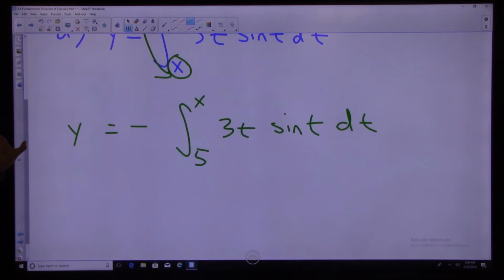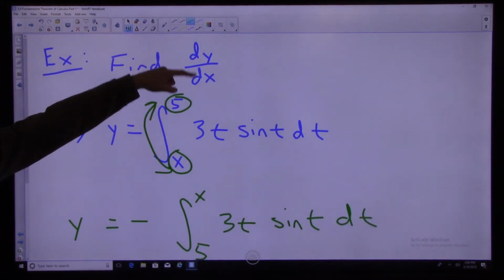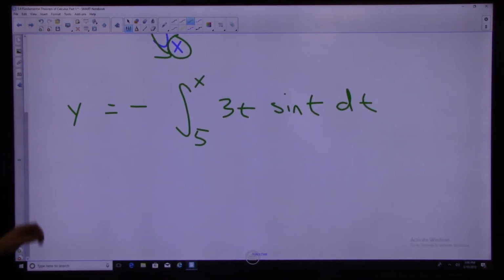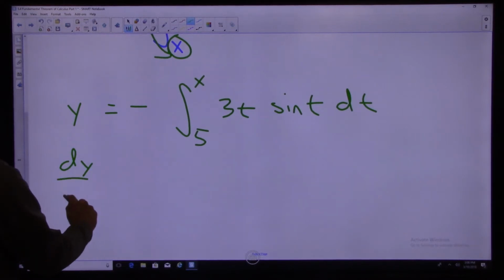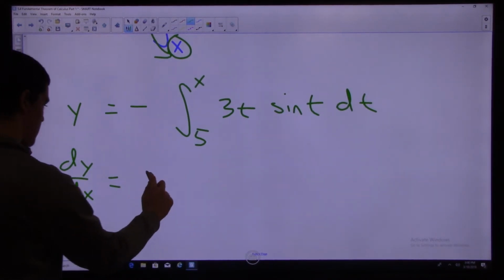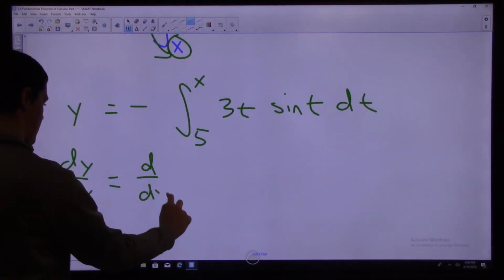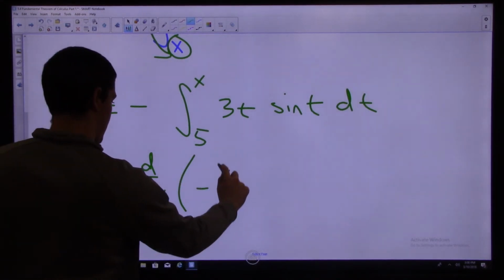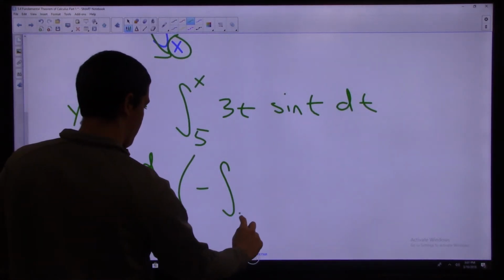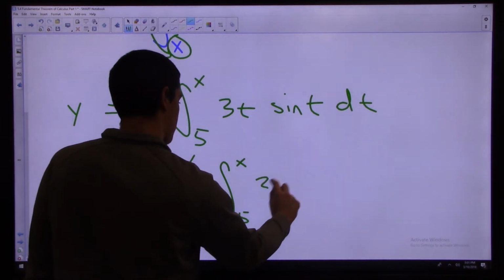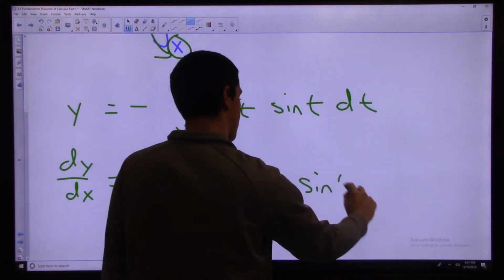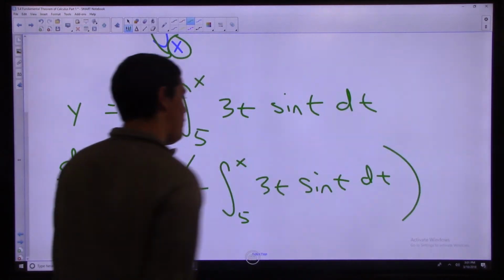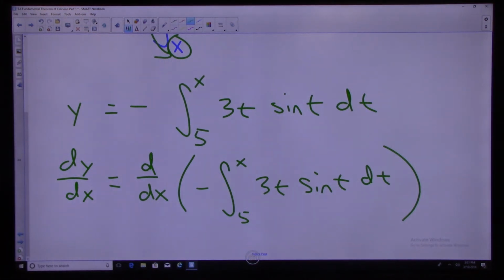And so guys, our directions were to find dy over dx. So I need to differentiate both sides. I need to take the derivative. So it's going to be d over dx of negative the integral from 5 to x, 3t sine t dt. And hopefully you guys have found that this is pretty easy from here.